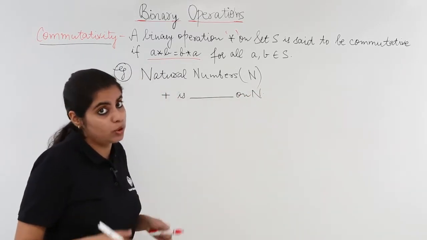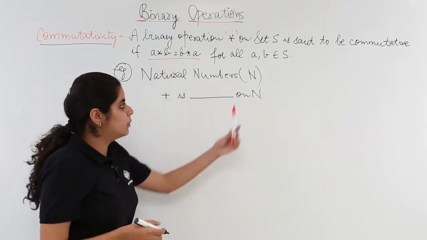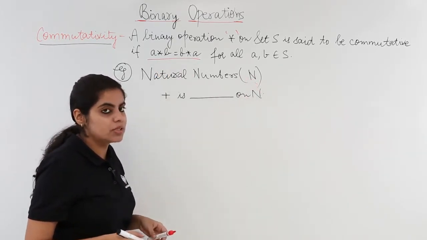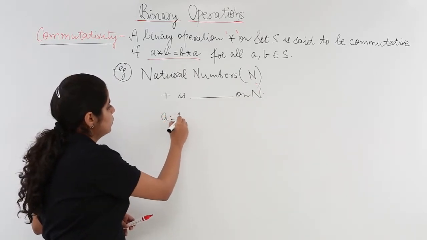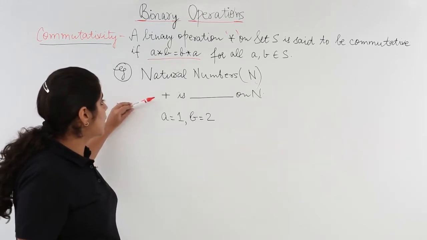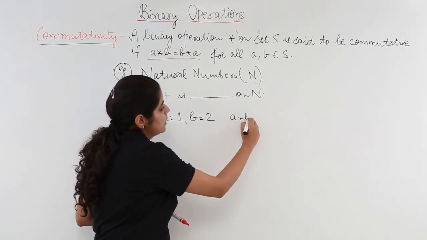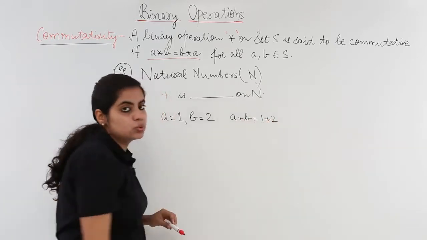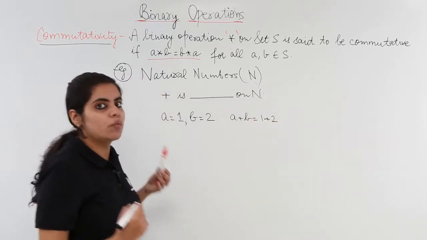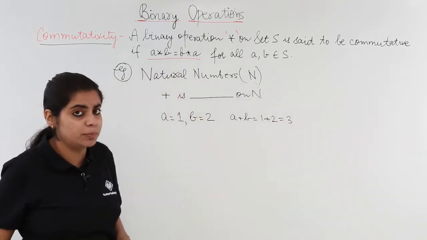Is it commutative or not? Suppose we have two numbers a and b belonging to the set of natural numbers, where a is equal to 1, b is equal to 2. Now we have to check the plus operation. What is a plus b? It is 1 plus 2, which is 3. This is one answer which is obtained.